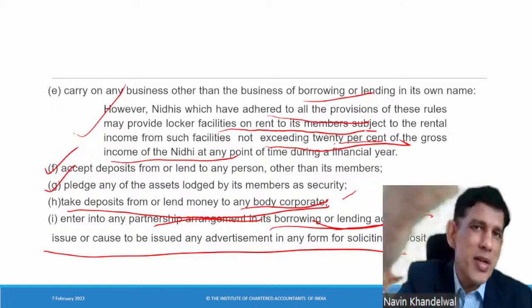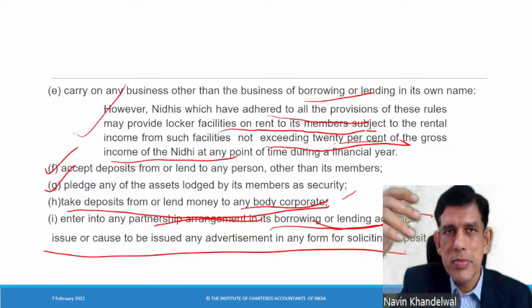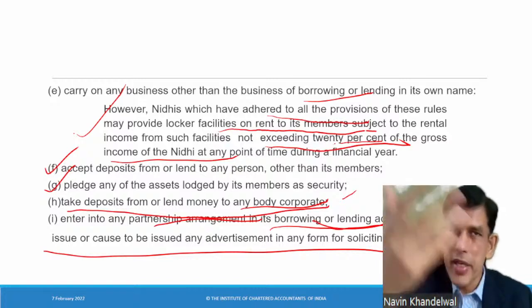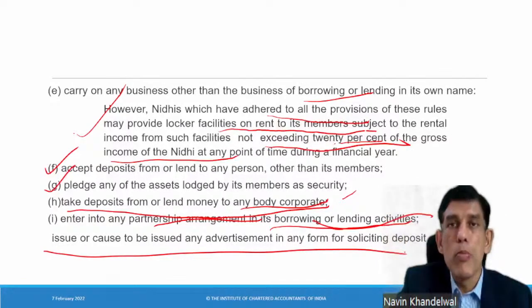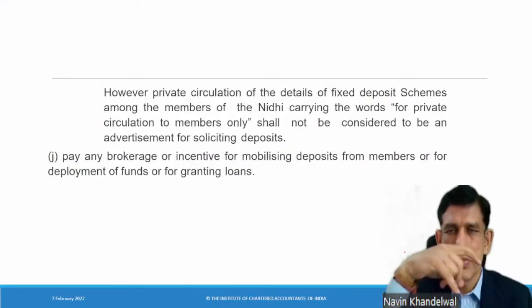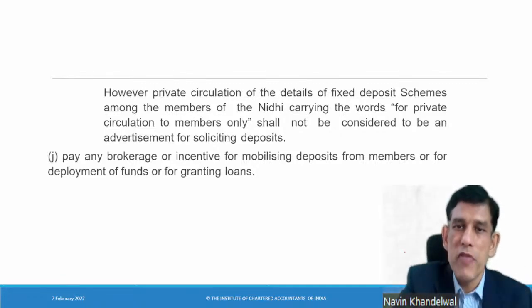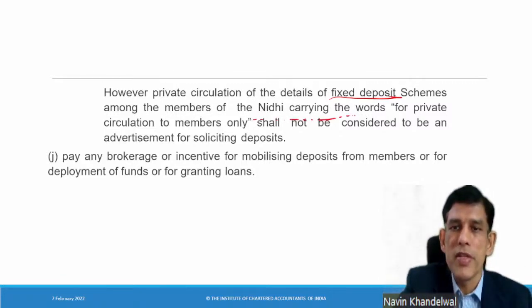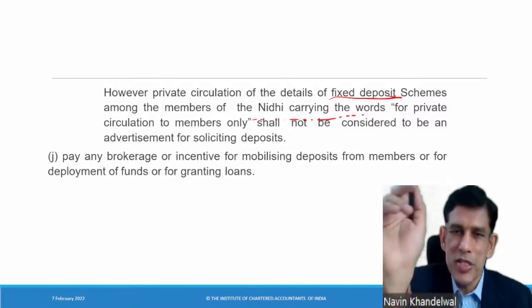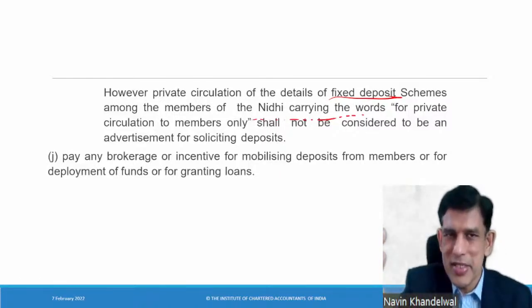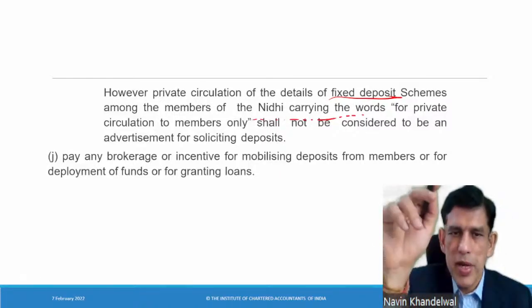The members will refer, and the word of mouth will spread, and accordingly, more members will bring in more members. However, private circulation of details of a fixed deposit scheme among the members of the Nidhi, carrying the words for private circulation, shall not be considered to be an advertisement. So to members, they can always circulate things, and probably through word of mouth, it will spread.